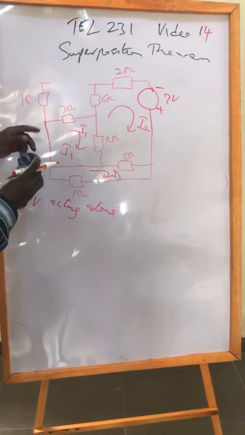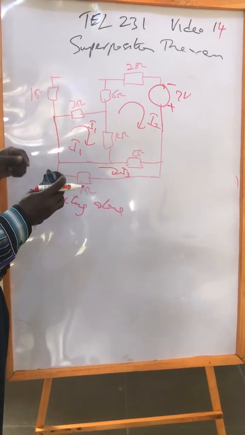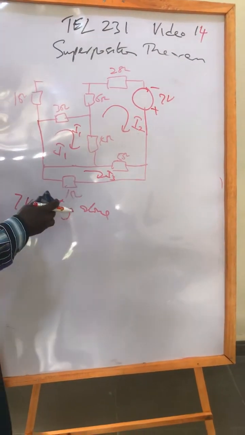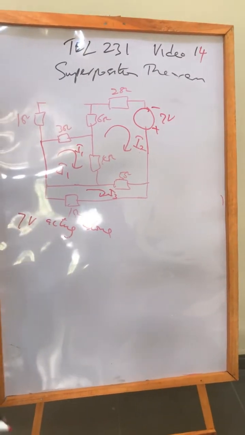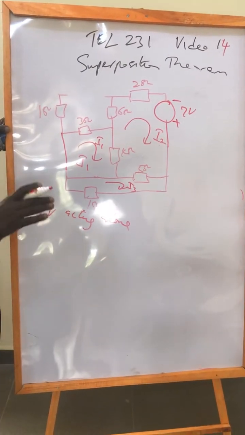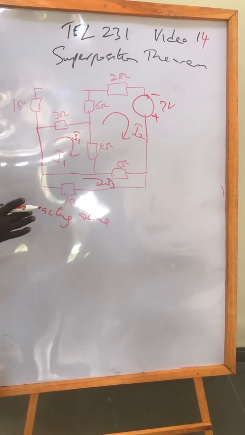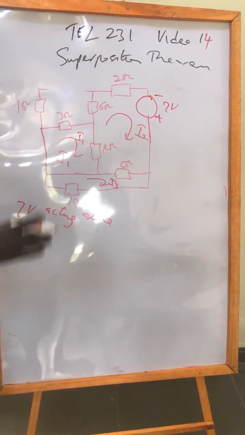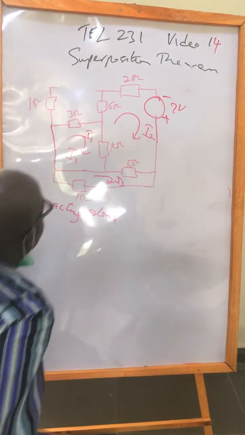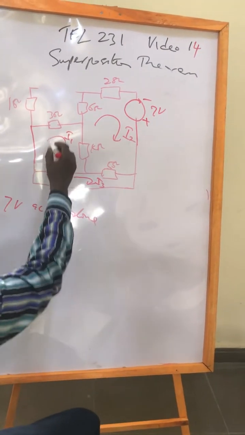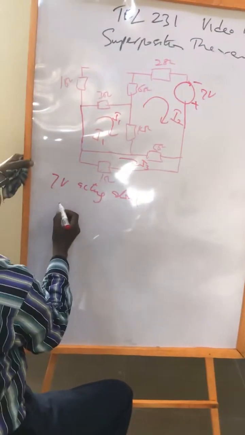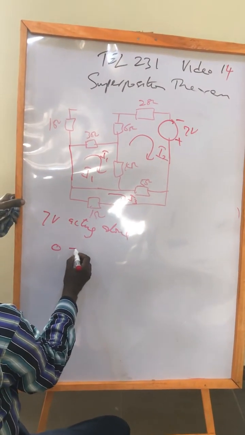Now, this is my next circuit. Let me still call these I1, I2, I3. Let me use mesh analysis again. That's why I first treated mesh analysis. Mesh analysis is handy, and you can use it with other methods. For the first mesh, the source there is 0.